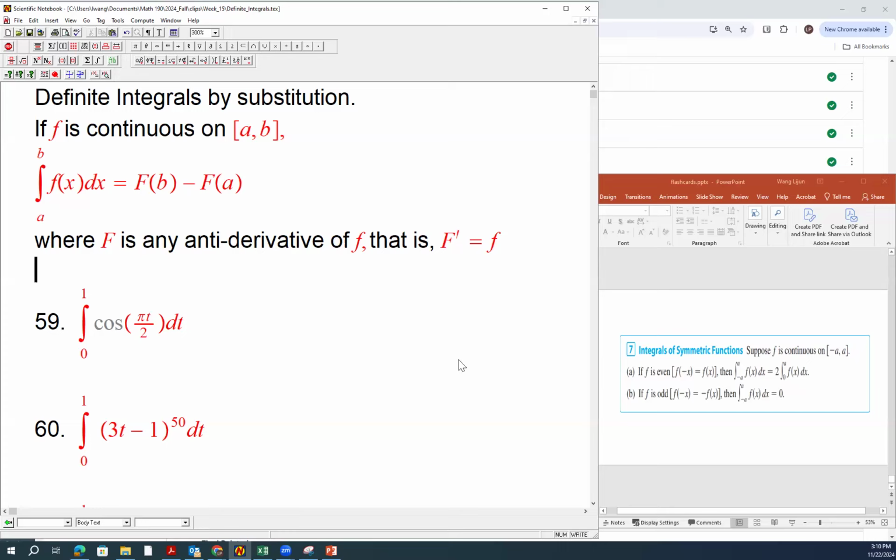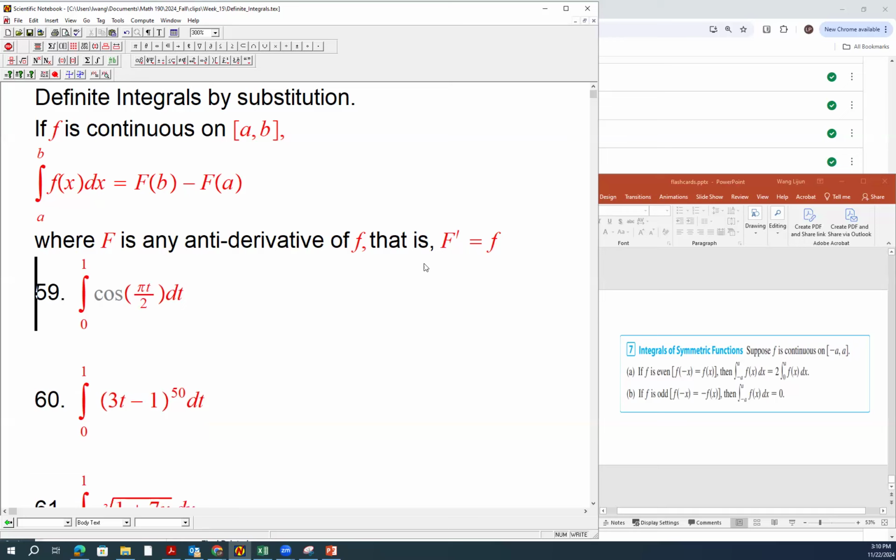Okay, so I'm going to show you. Here are all the homework questions, and I use the same homework numbers, so it makes it easier for you to find them and compare your work with the answers or steps. Okay, so let's start from 59.